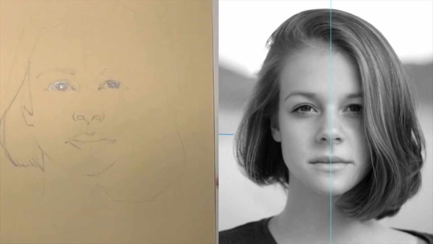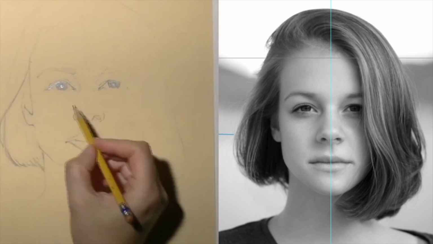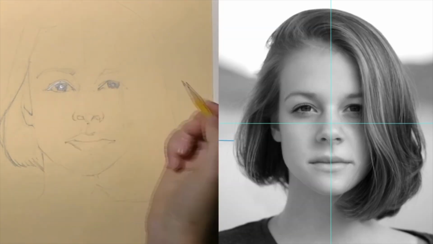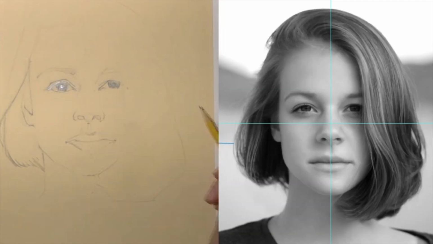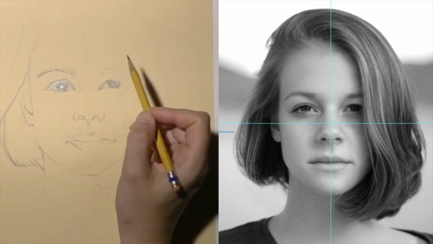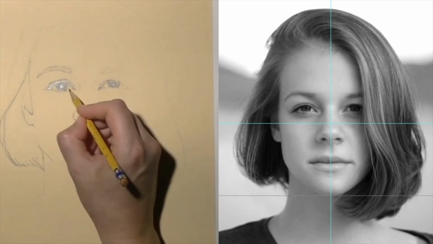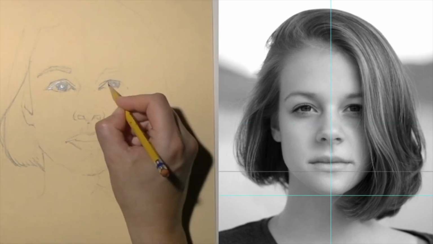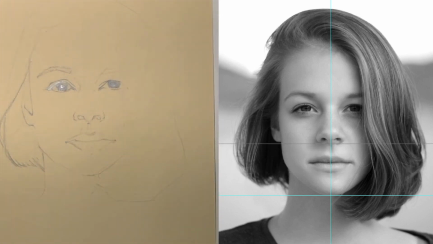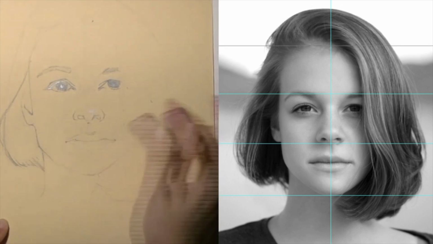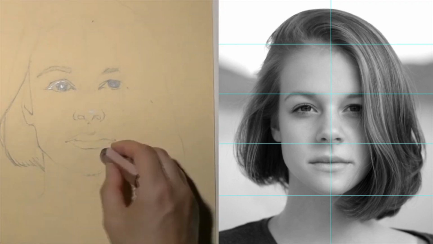The rule of thirds is the measurement from the chin to the bottom of the nose, and then from the nose to the eyebrows, and then from eyebrows to the end of the forehead where hair starts. So all these units are the same.